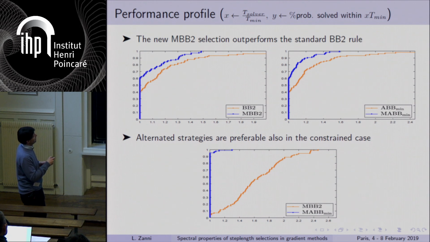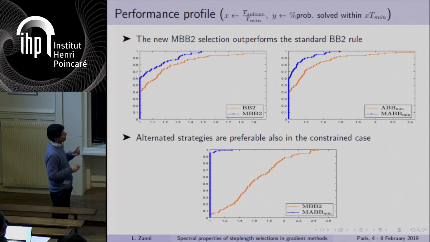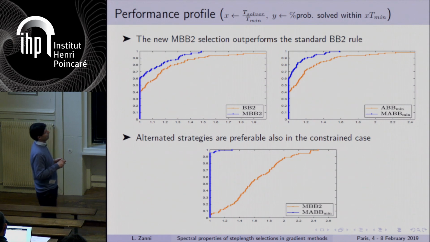This performance profile suggests that the modified rule always outperforms the standard BB2 rule. When I use the modified rule within the alternated scheme, I perform better than the standard alternation of the classical Barzilai-Borwein rules.